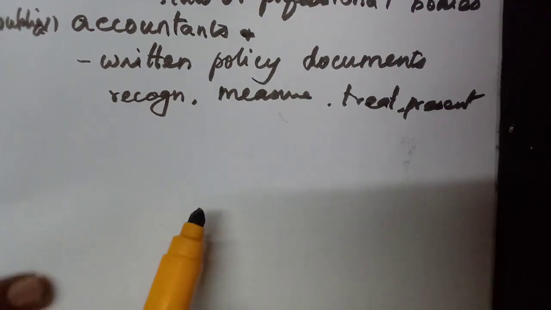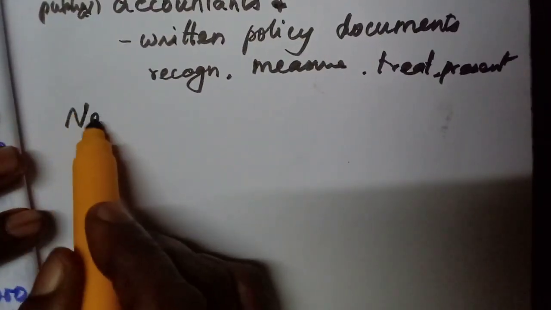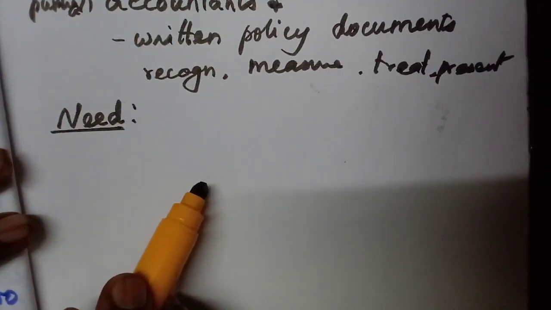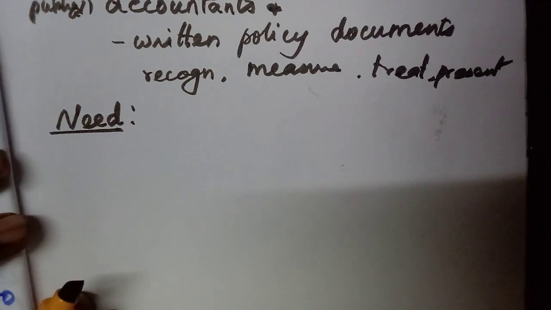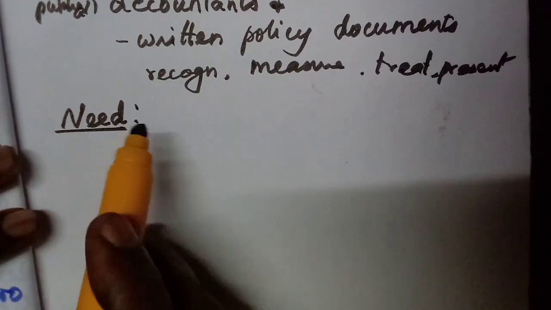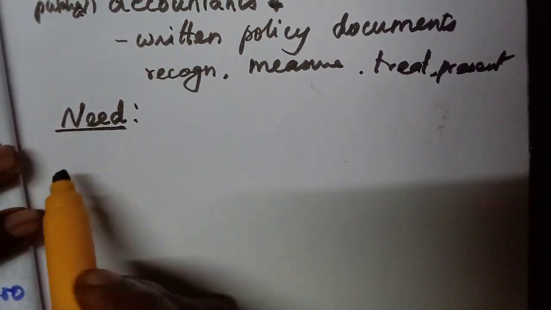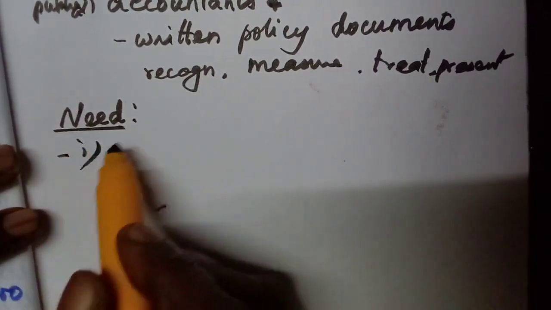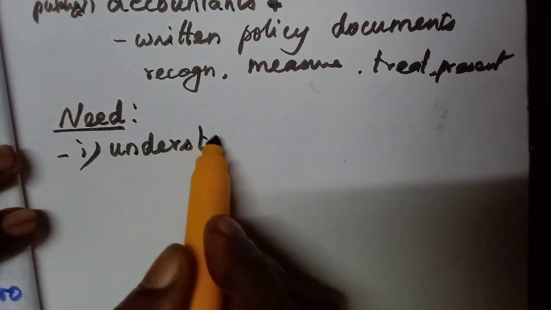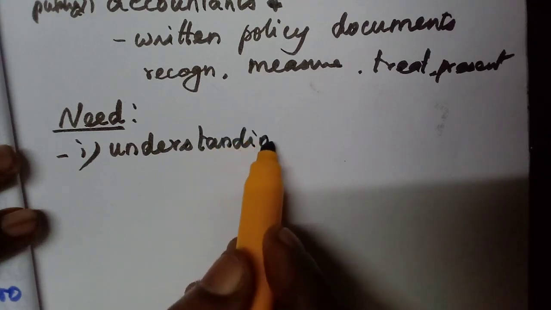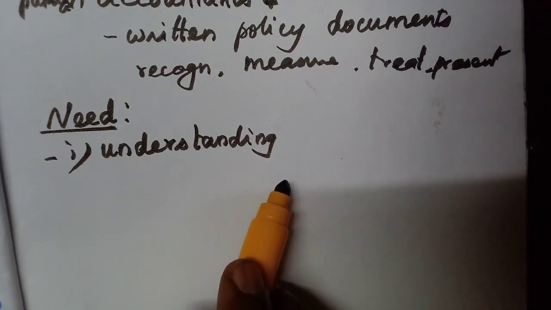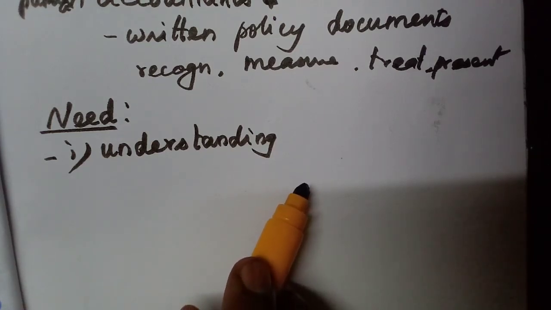Now, we should learn what the needs are, why we should have these accounting standards. Why we should follow the accounting standards, that we should know. The first need is a better understanding of financial statements. If they follow the same rules and regulations, everybody can understand. Profit will be disclosed by the profit and loss account, that we know, isn't it?